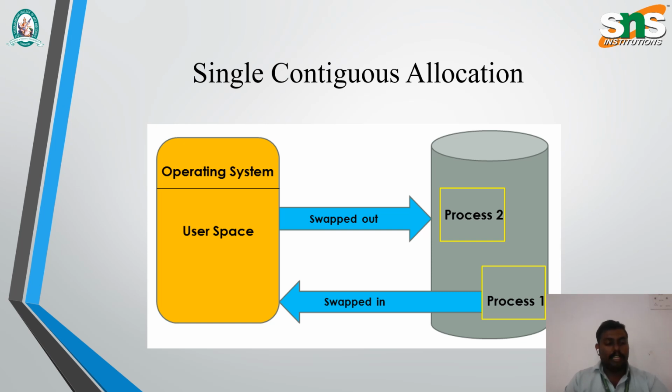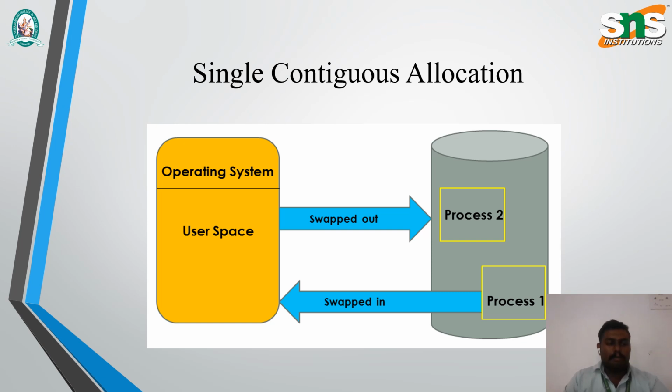straightforward, making it easy for the operating system to manage memory. And efficient access is, since memory is continuous, the CPU can quickly calculate the address of any location within the process's allocated block. Yes, those are the advantages, but there are also disadvantages.